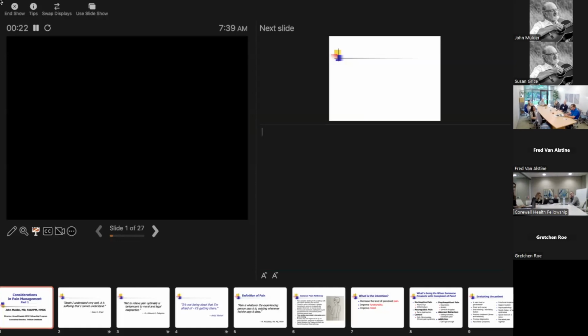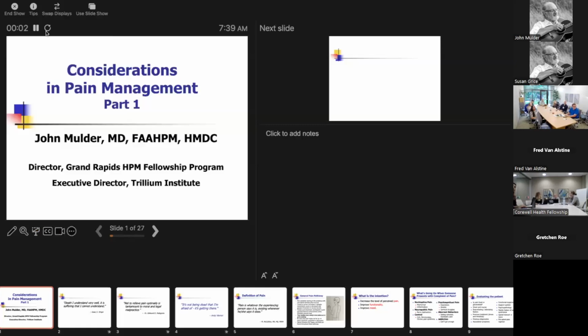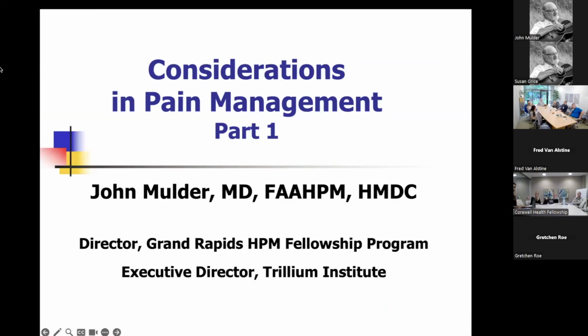If anyone more technologically adept than I can tell me how to get out of this mode, just a full screen mode, that would be great. Use slideshow. At the top, upper left, where it says use slideshow. Oh, I see that. There we go. It might take a moment to catch up. Now we can advance slides too.